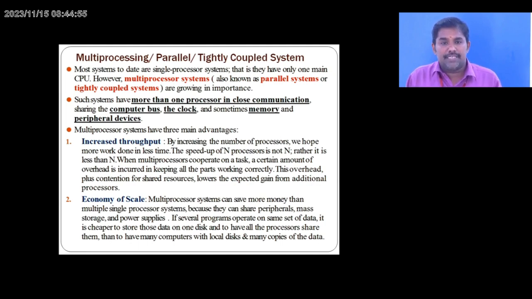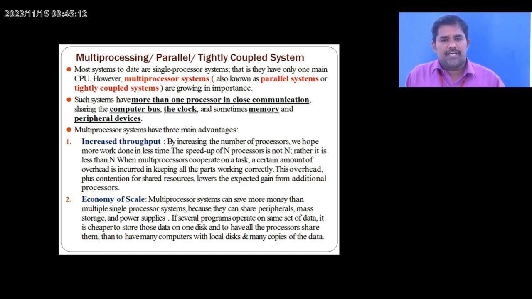This way of sharing helps multiprocessor systems with these advantages. One is increased throughput. By increasing the number of processors, we hope to get more work done in less time. Then economy of scale: we can share, as I said earlier, peripheral devices and memory.